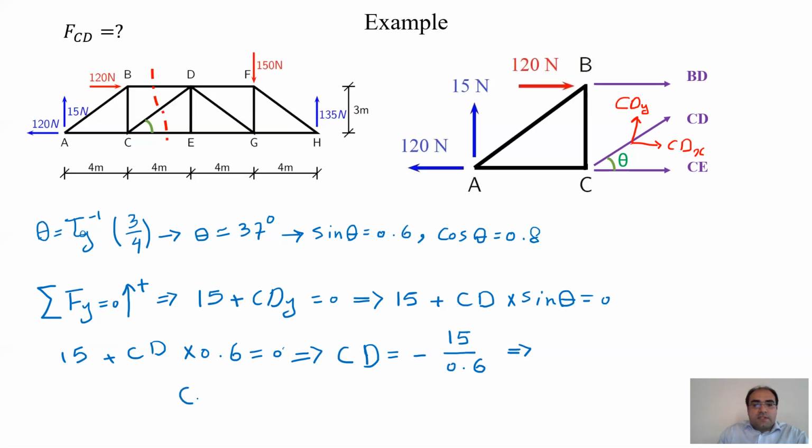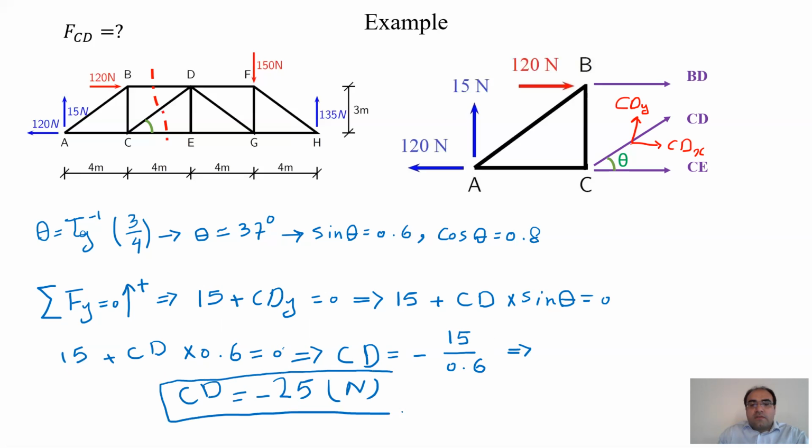And therefore, CD is equal to minus 25 Newton. Since it is negative, we know that CD is in compression. Okay. Is there any question here?